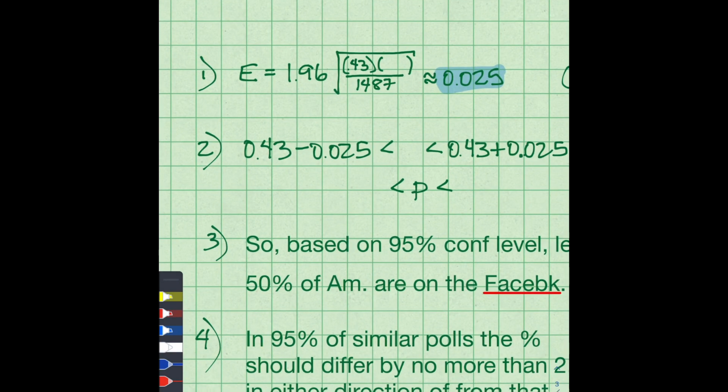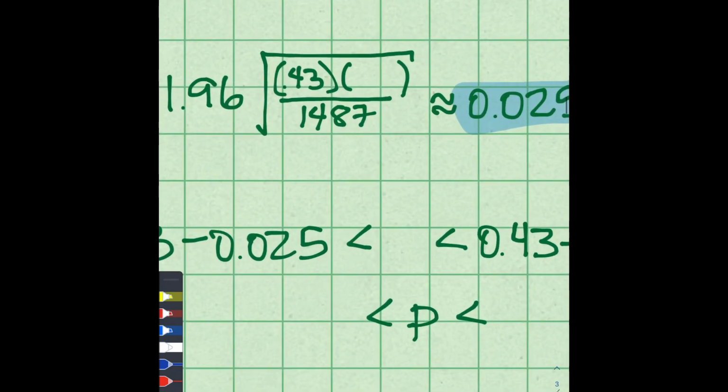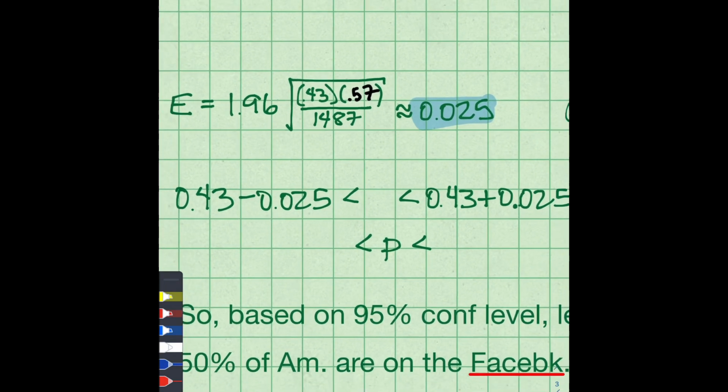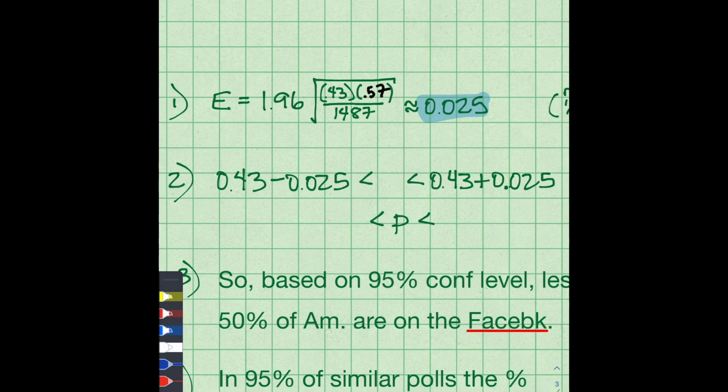Here's the error. Using the formula above, notice there's my z-score. We already found that. We have our proportion of successful people on Facebook, and then we have 0.57 not. Hopefully in your calculator that comes out to 0.025.